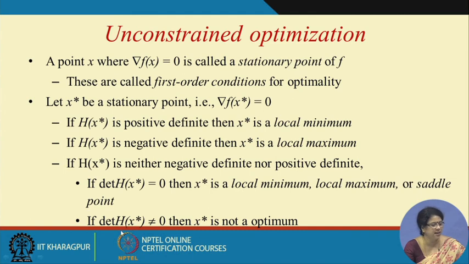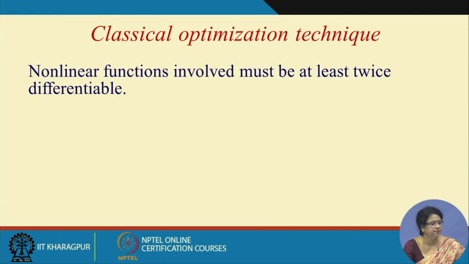But if this value is not equal to 0 and there is no pattern to it, we declare there is no optimum value. The detail of this I will explain later, but how the gradient of the function is used for the nonlinear optimization problem, I will show you next.